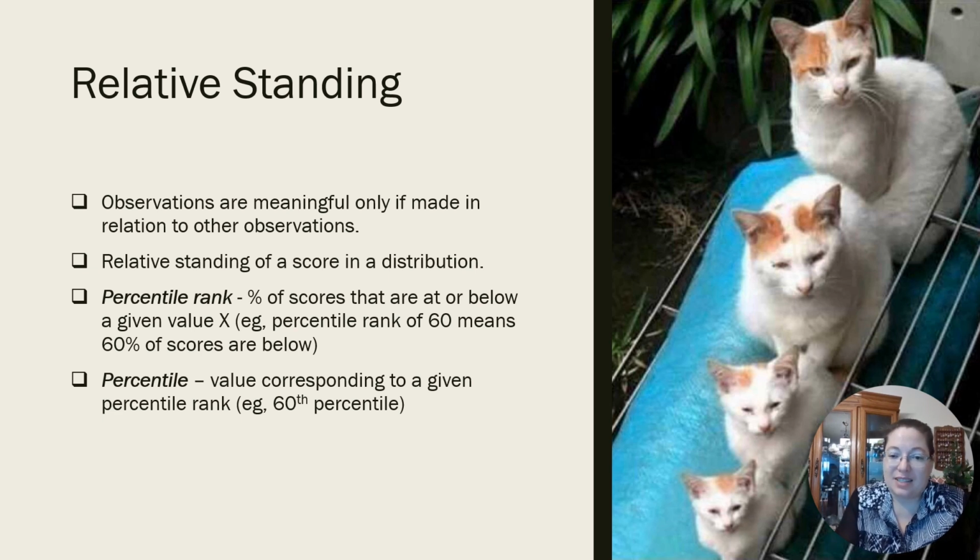What that means is that your child weighs more than 70% of other children of that age. So by saying 70th percentile, we're saying that 70% of scores are below the score where your child is at.